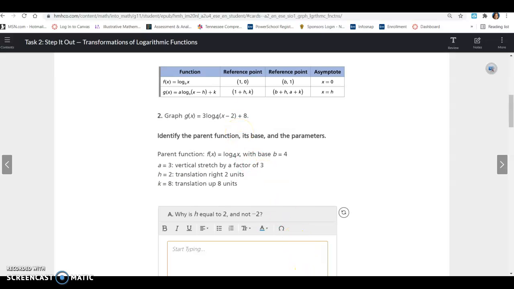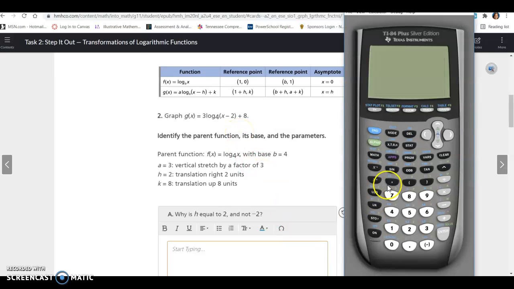If you want to just look at what this graph looks like, we can go to our graphing calculator, and I think I already have it in here. So I've typed in 3 log base 4 of (x - 2) plus 8, and when I hit graph, it kind of looks a little bit funny on your graphing calculator, because this actually should continue down.